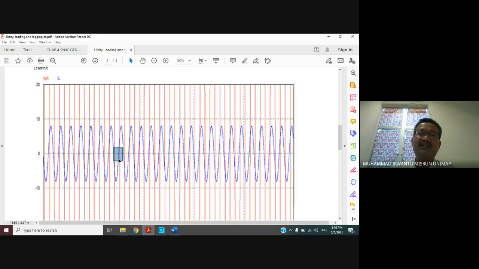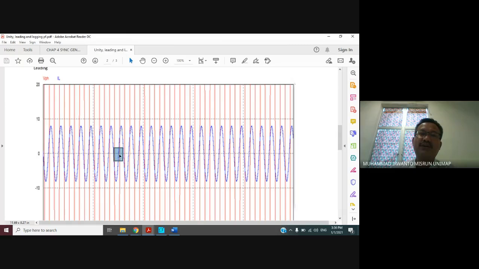This condition we can call the power factor is leading. The current leads the voltage by how many degrees? Same as before, you have to understand cos theta, the power factor, and after that you can find the angle.